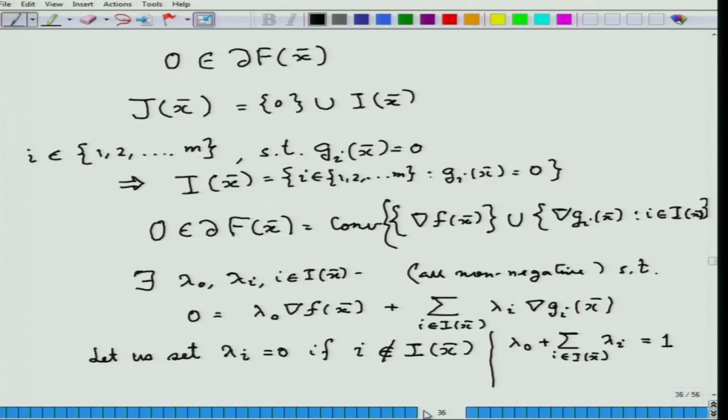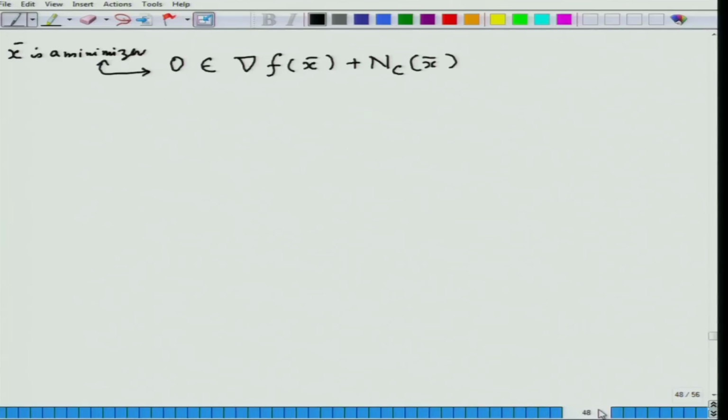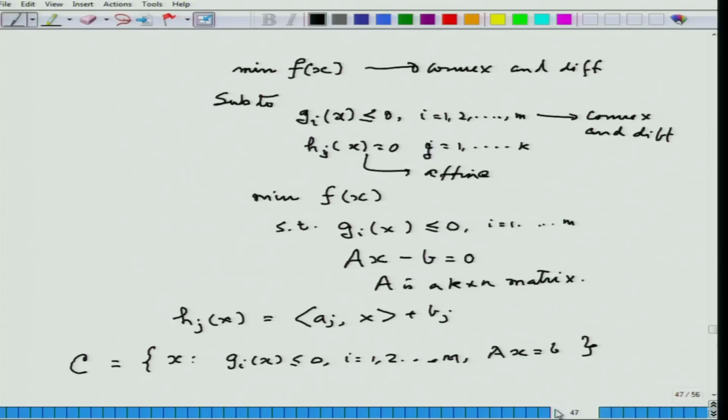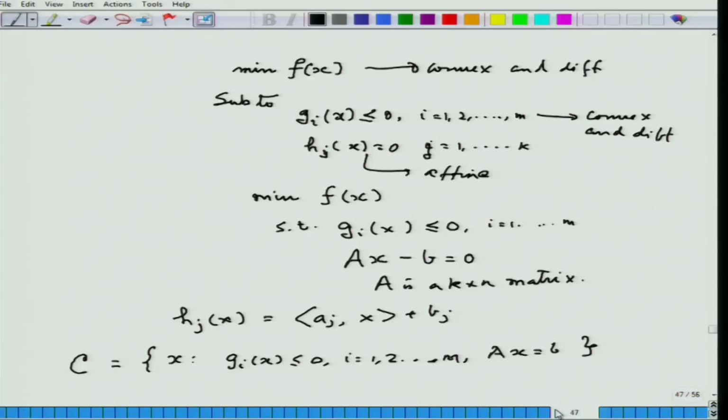Now, suppose I do not have this calculus rule in hand, what am I supposed to do? You observe that this set C is quite a complicated set. It is not such an easy set that you can compute the normal cone. How do I compute the normal cone for this set? Do I need certain conditions to compute the normal cone? But at the end, first let me write this C as two simpler sets.